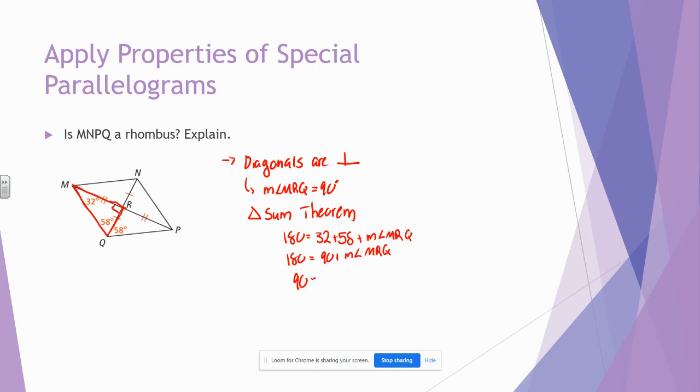So 90 is equal to the measure of angle MRQ. So the diagonals are perpendicular. So MNPQ is a rhombus.